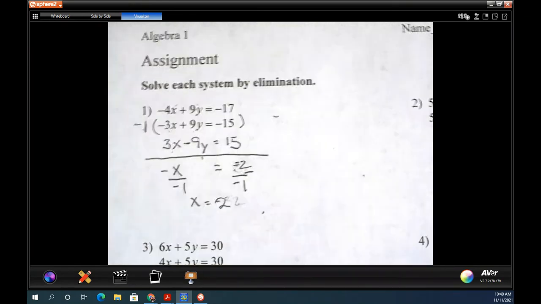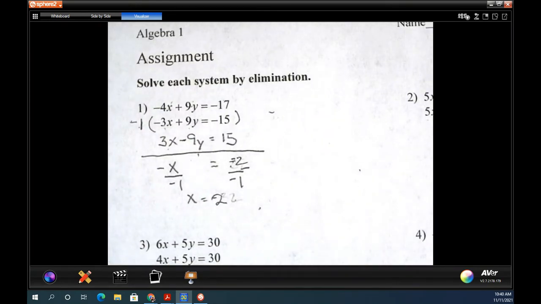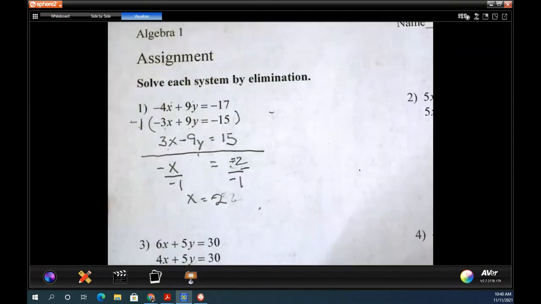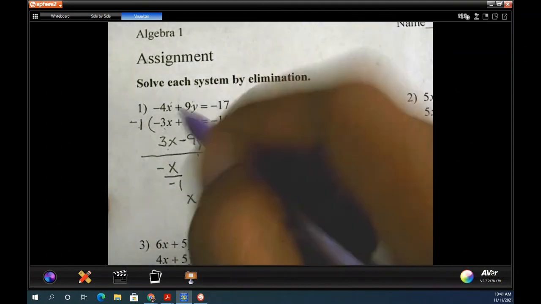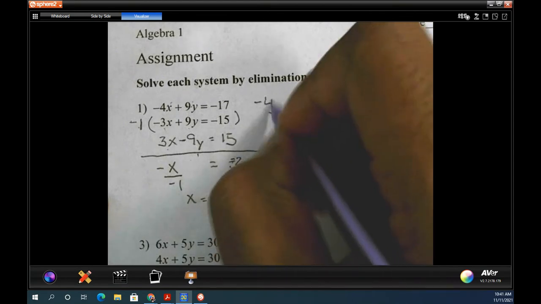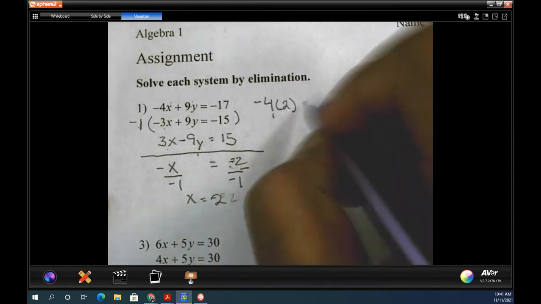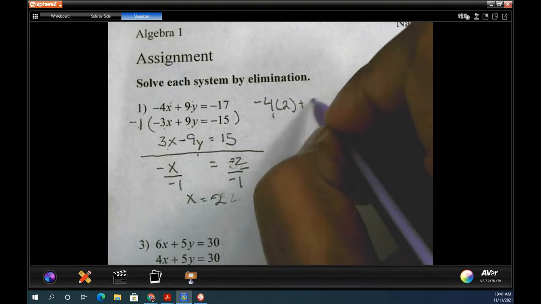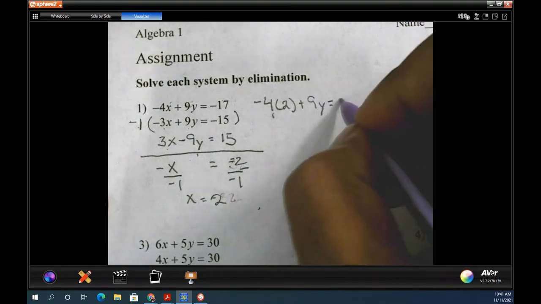All right. Now, you can substitute it into either one. I'm not going to show y'all that just yet, because that caused some confusion last year. Let's substitute it into that top one. So it becomes negative 4 times 2 plus 9y is equal to negative 17.